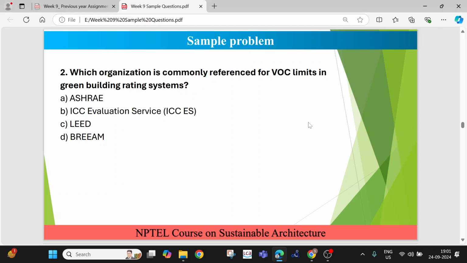Which organization is commonly referred to for VOC limits in the green building rating systems? Out of the four, which standard or which organization rates or provides some sort of recommendation or limits to the levels of VOC, volatile organic compounds?